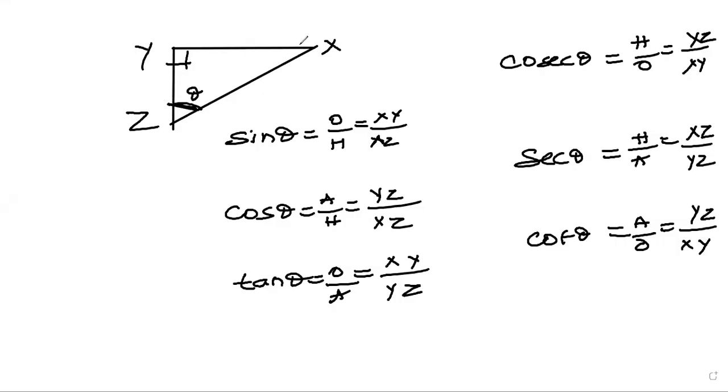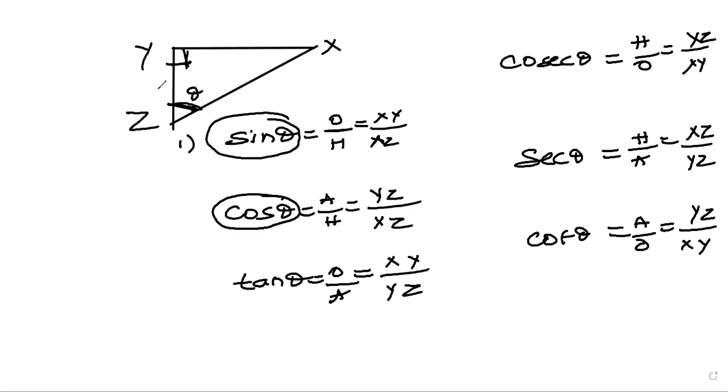Last example, children. Again, in triangle XYZ, angle Y is 90 and angle Z is theta. What is sine theta? Sine theta is opposite side upon hypotenuse. The opposite side is XY and the hypotenuse is XZ.